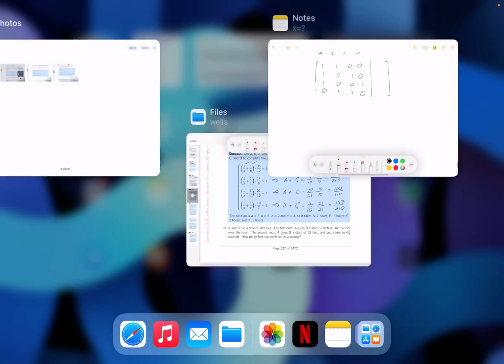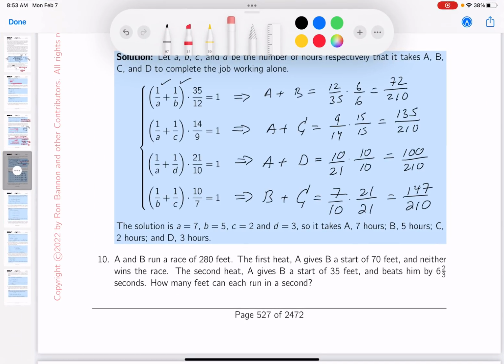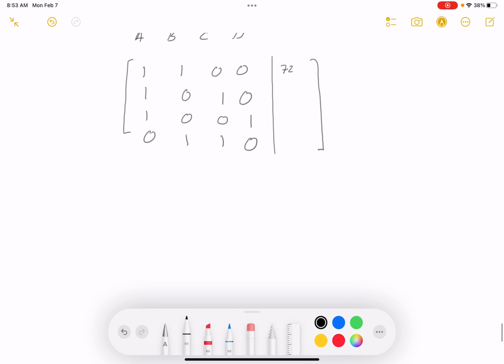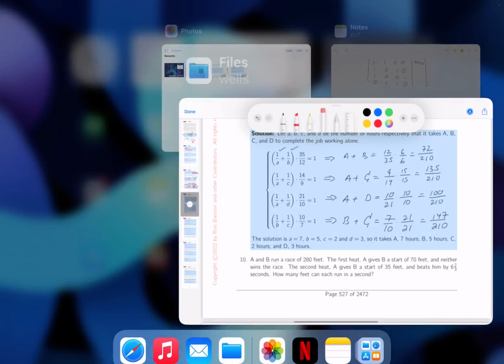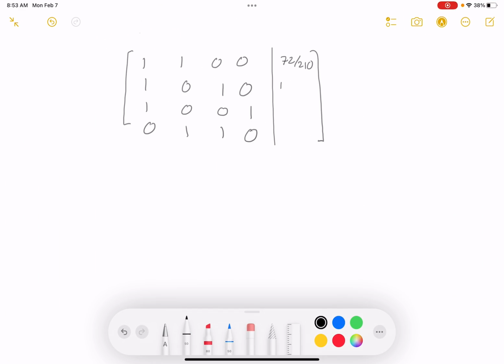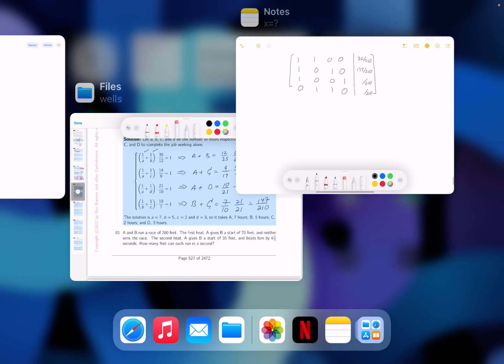I'm going to go back to my sheet. 72 over 210. Let me go back. 135 over 210. Oh, they're all over 210, right? Let me get the last two.